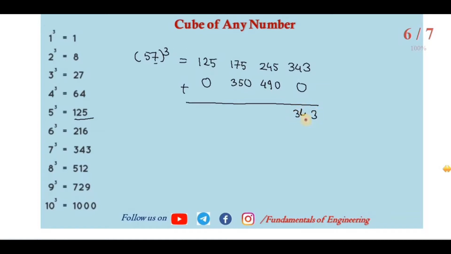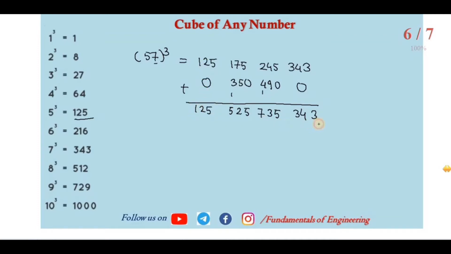So 3, 4, 3, 5, 9 plus 4 is 13, carry will be here, 4 plus 2 plus 1 is 7, 5 plus 0 is 5, 7 plus 5 is 12, carry will be here, 3 plus 1 plus 1, what are we getting, 5, and 125 plus 0, 125.